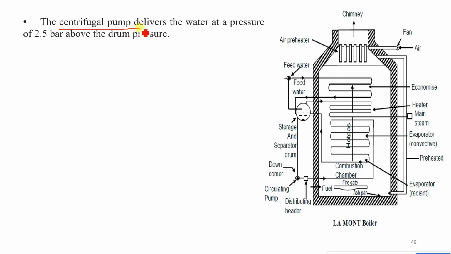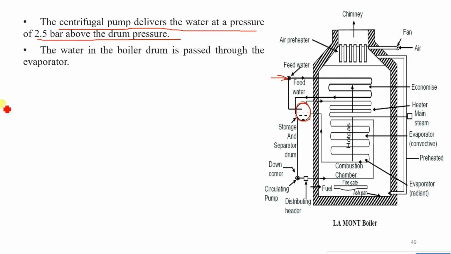The centrifugal pump delivers the water at a pressure of 2.5 bar above the drum pressure.